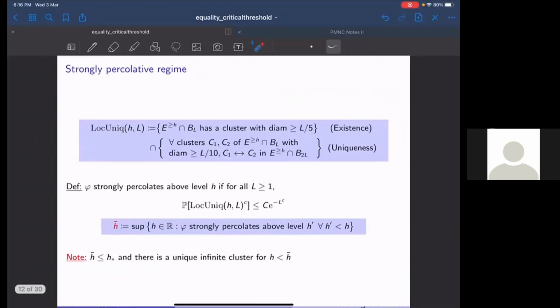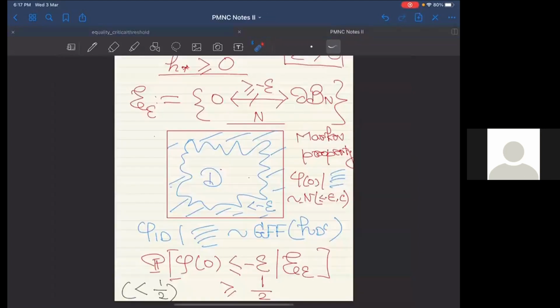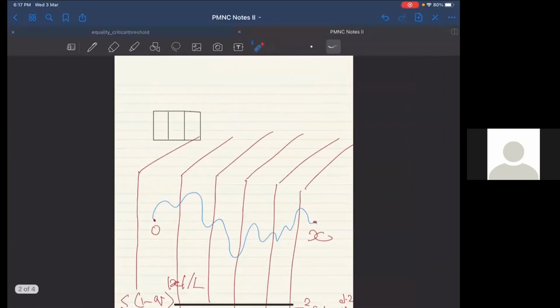So let's now come to the strongly percolative regime, which is the other analog. When I was presenting to you the slab percolation argument for showing that the truncated 2-point function, the probability that 2 points are connected in a finite cluster, decays exponentially fast, you might remember that independence was a very important part here.